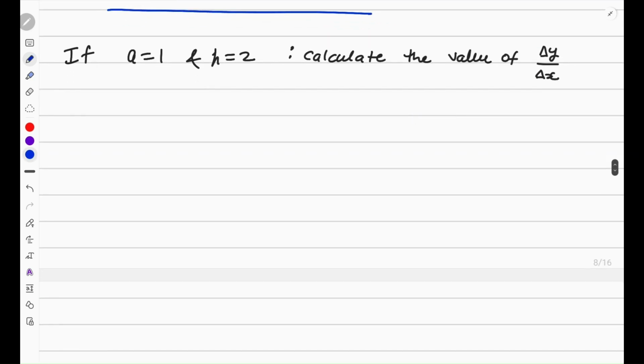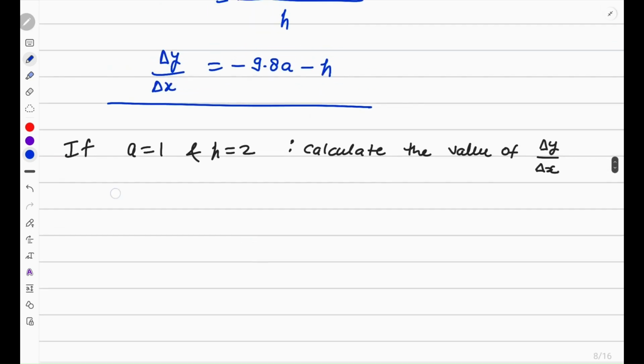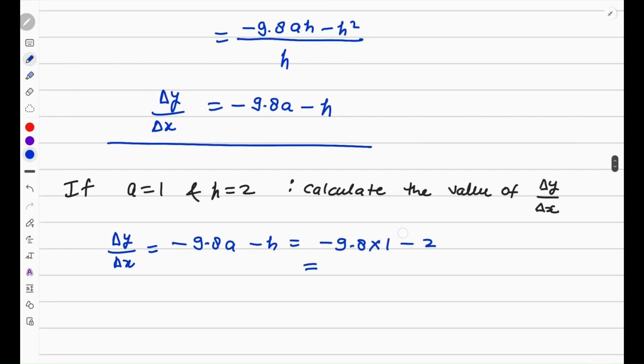So we have the expression of delta y over delta x, which is minus 9.8 a minus h. So we can substitute the value of a, which is 1, and the value of h, which is 2, so it comes out minus 9.8 minus 2, minus 11.8.